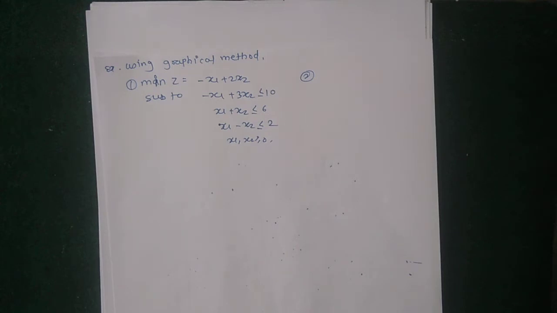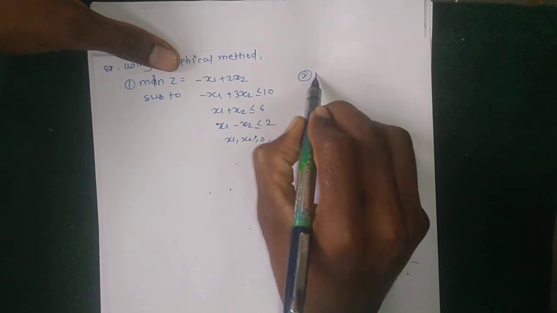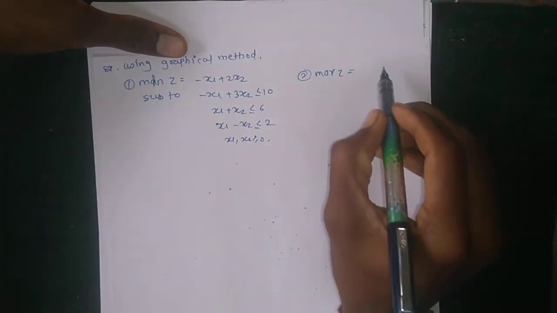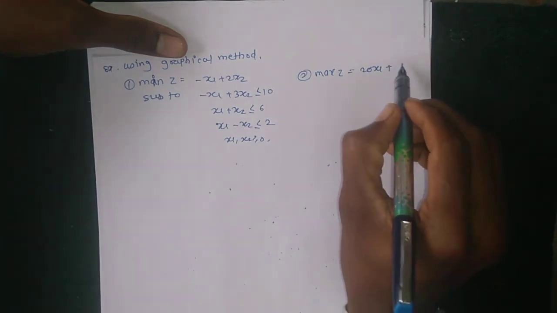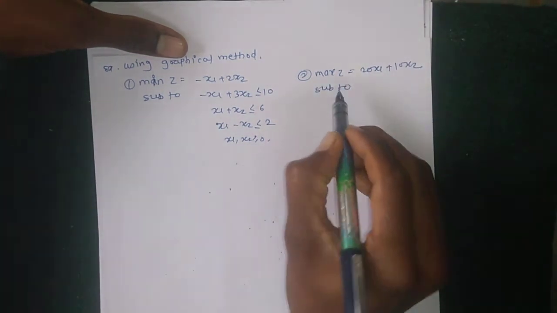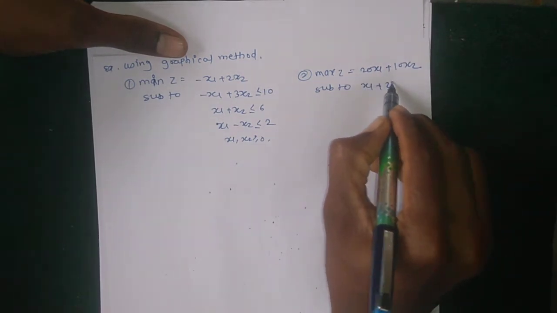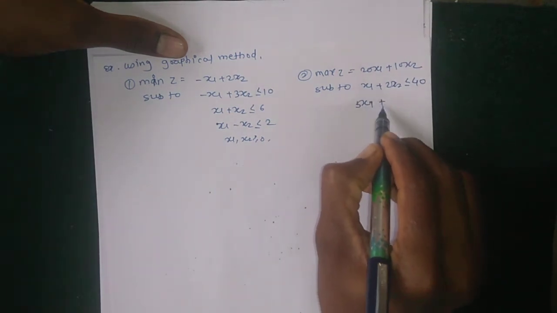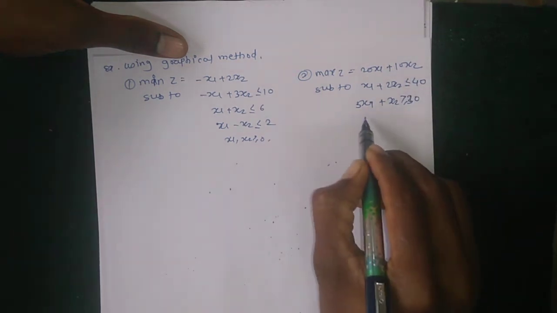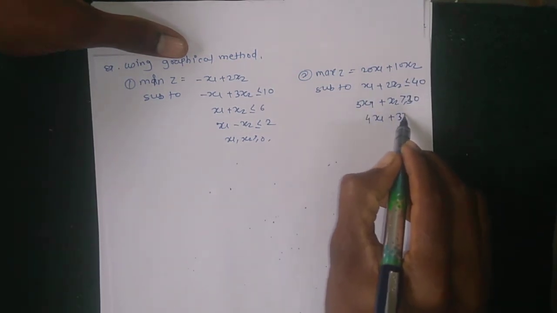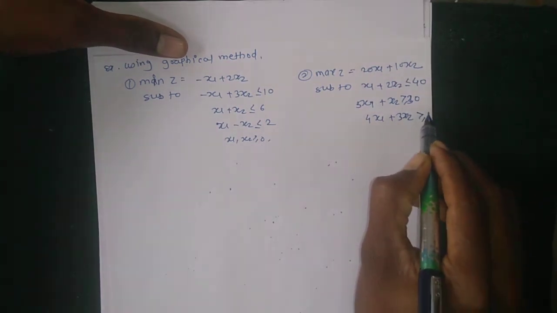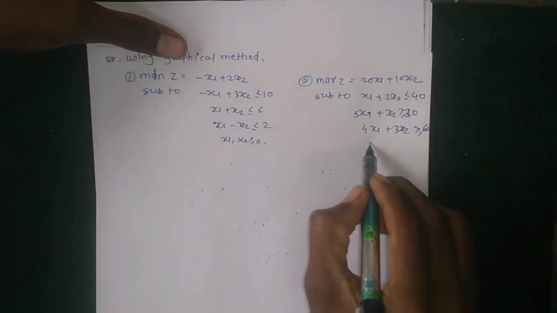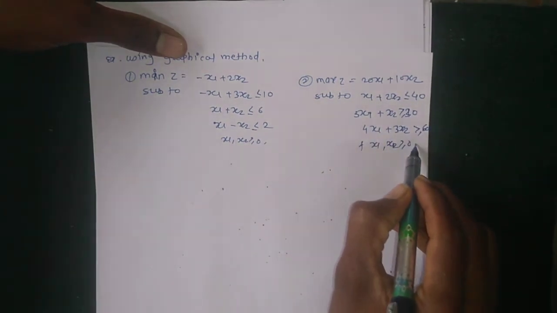Here, maximize z equals 20x1 plus 10x2, subject to x1 plus 2x2 is less equal 40, then 3x1 plus x2 is greater equal 30, then 4x1 plus 3x2 is greater equal 60, and x1, x2 are greater equal 0.